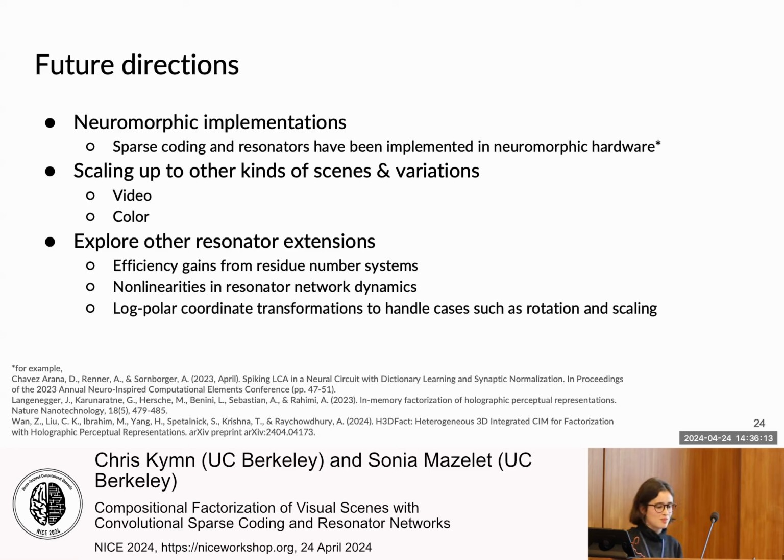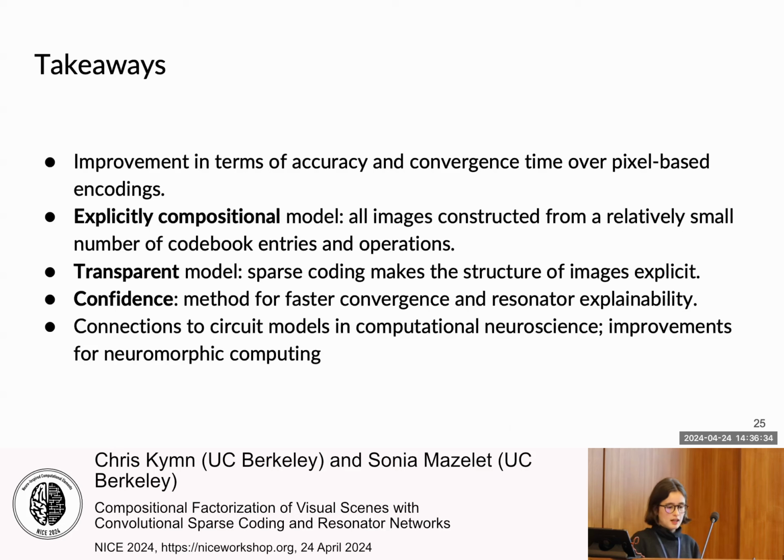For example, Chris has some work on introducing residue number systems to represent the position in the images, which introduce a lot of benefits. Also, we could introduce nonlinearities in the resonator dynamics and look at other kinds of transformations, such as rotation and scaling.